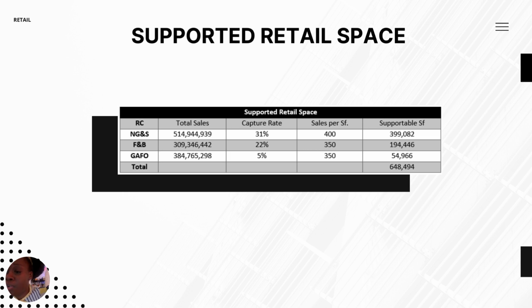With that, after seeing, okay, this is the supportable square footage, and then comparing it to the current retail square footage that we have, I calculated what is needed, because there needs to be a reduction here.